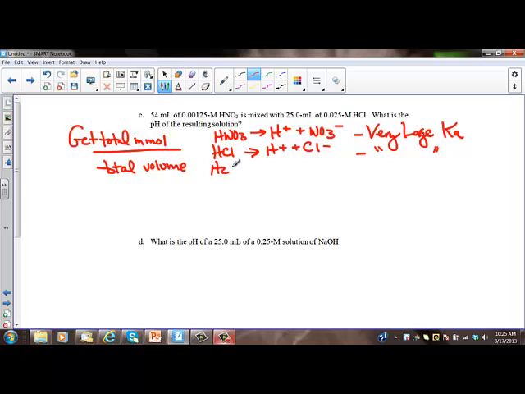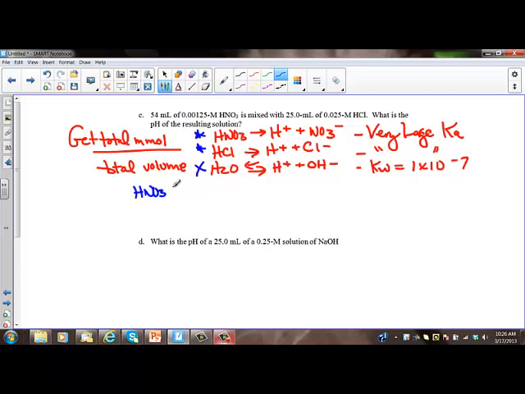And then you have H2O dissociating into H plus and OH minus. And here you know that the Kw is equal to 1 times 10 to the minus 7. Now, honestly, these are so strong that this is going to be minimal and can be neglected.